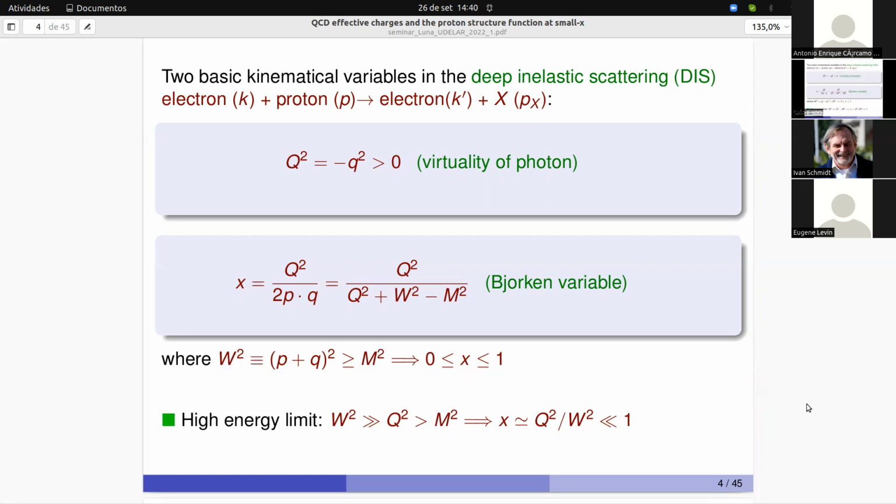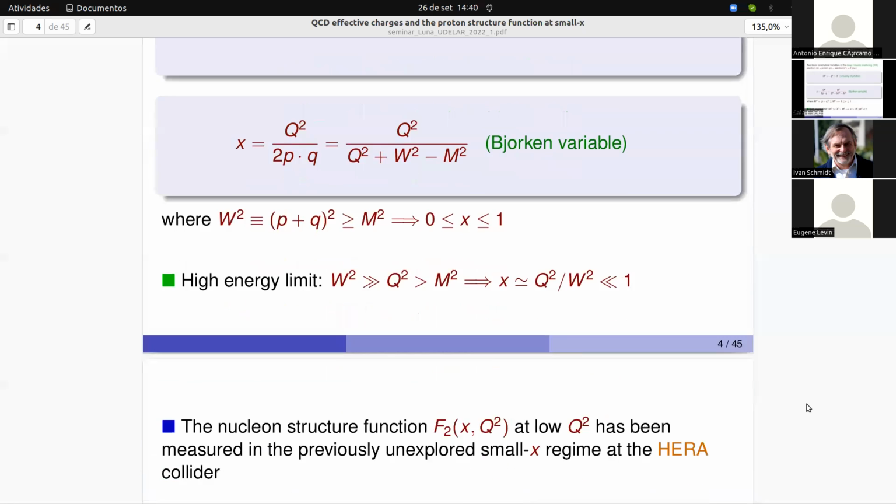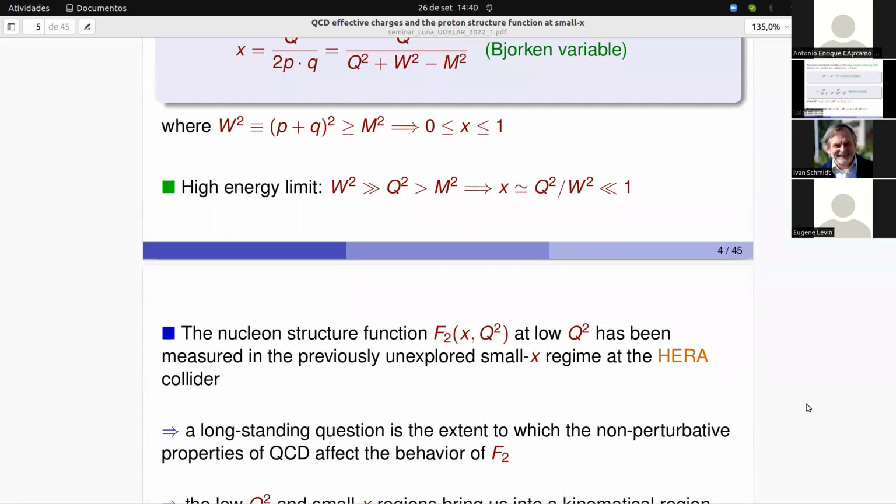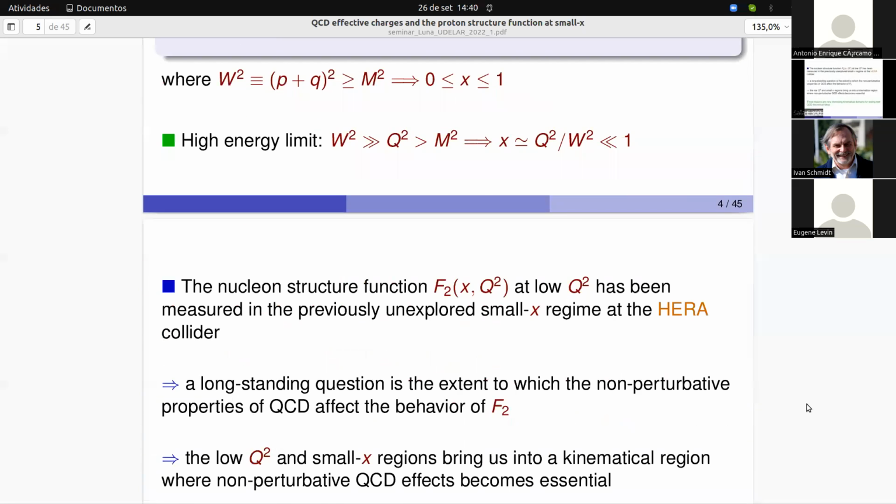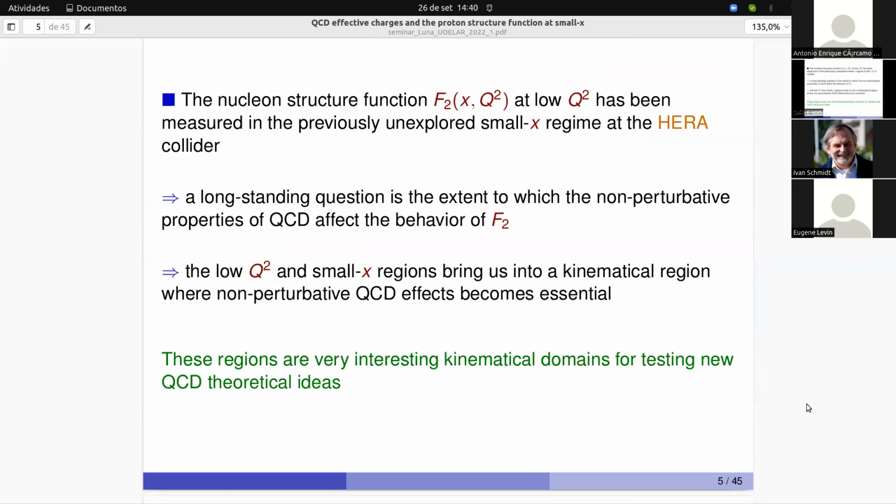Some considerations here: for example, the high energy limit of this process is when Q square is larger than m squared, where m squared can be, for example, the mass of the proton. Well, the nucleon structure function F2 at low Q square has been measured at the HERA collider.